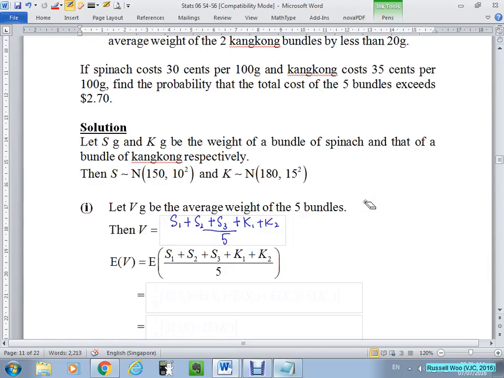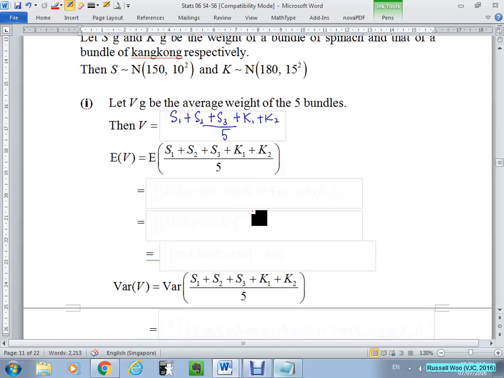Actually, this part, even if you have not attended lecture on Tuesday, you can clearly do. It's just normal distribution because S1, S2, S3, K1, K2 are 5 independent observations. Just treat it as A, B, C, D, E. Correct? So what is the expected value of V?